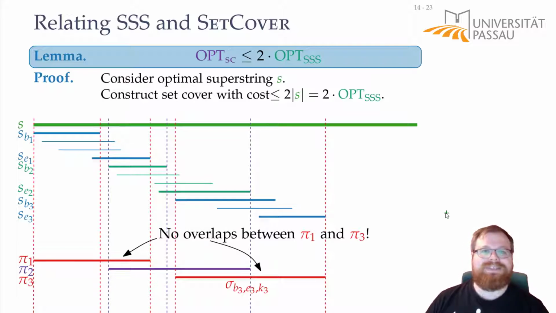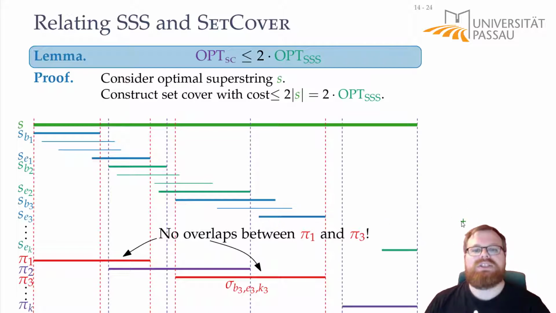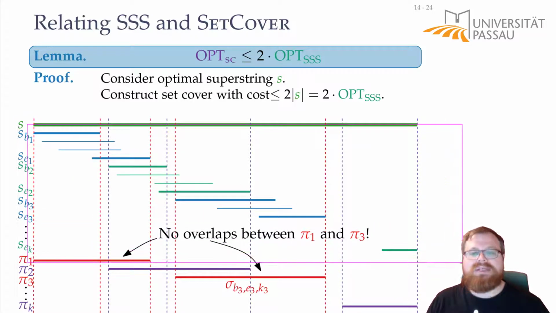So we just continue with our construction. We pick the next string that does not overlap sp3, keep walking until we find the first one that does not overlap sp4, and so on until we reach the very end of the string. And now we have some overlapping strings here, and they cover all the strings on the way.